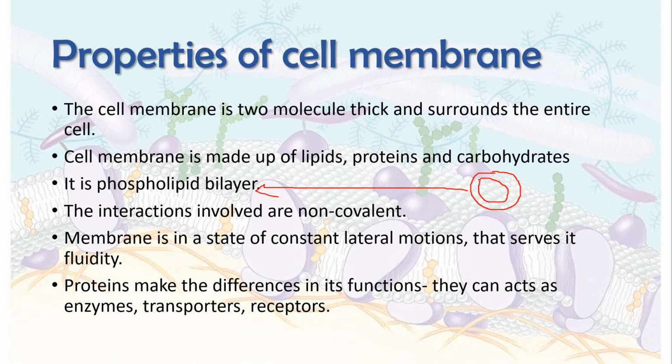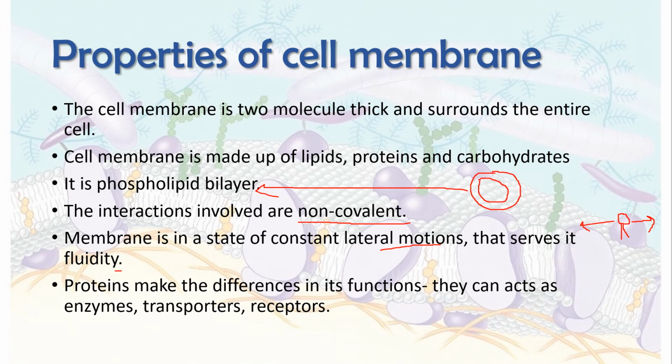The interactions involved are basically non-covalent, and they are weaker than covalent bonds. The membrane is in a state of constant lateral motion that gives it fluidity. It means phospholipid molecules tend to move constantly to the lateral side. We have discussed this, that this is the phospholipid molecule and it always tends to move laterally, either to the left side or to the right side.